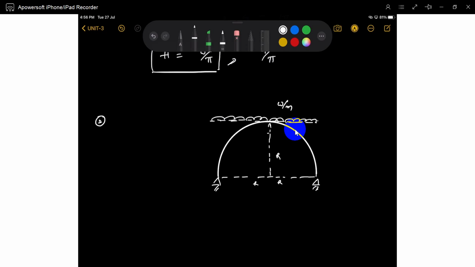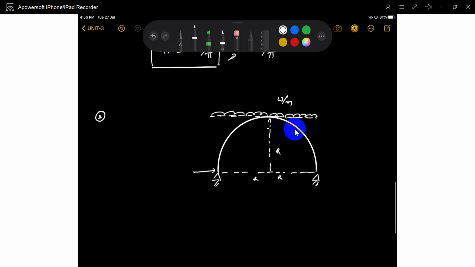So if you see, this is H, and you can write the vertical reactions directly. The total length is 2R, so the total load is W times 2R, and each reaction is WR. So what is the horizontal thrust? How can you take it? Same thing.